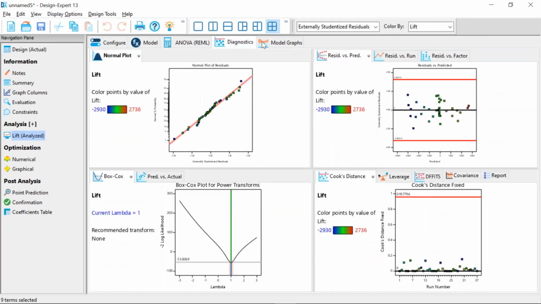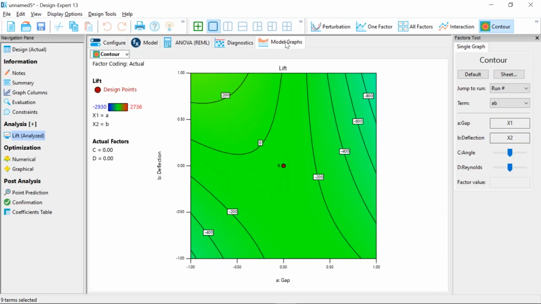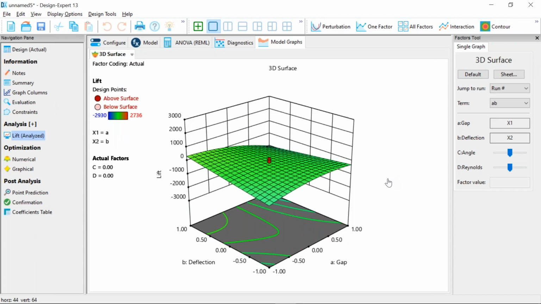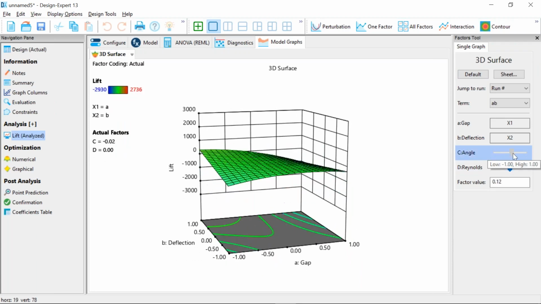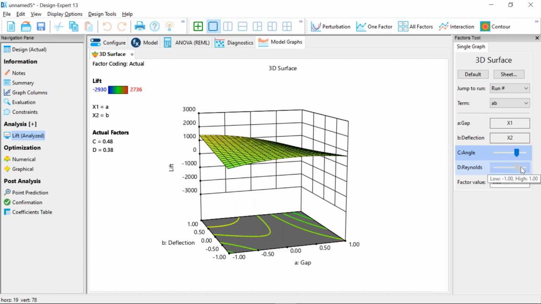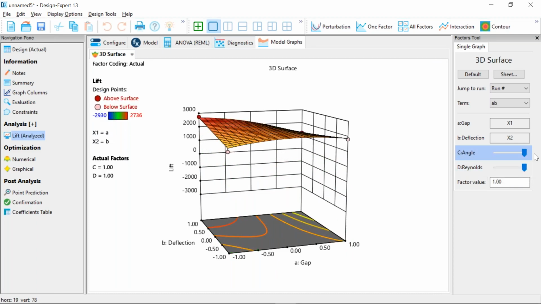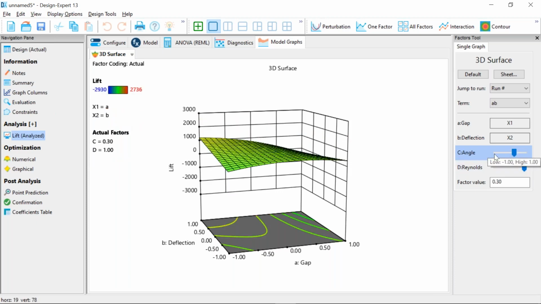Diagnostics are provided. And then here's a more interesting picture of, let's say, the 3D surface. And then you can slice on other things here. And you can also change the color coding on this.